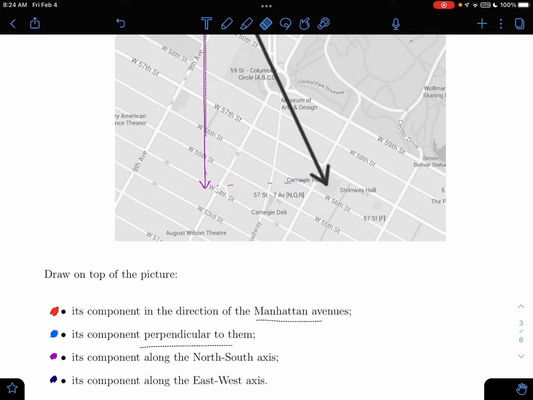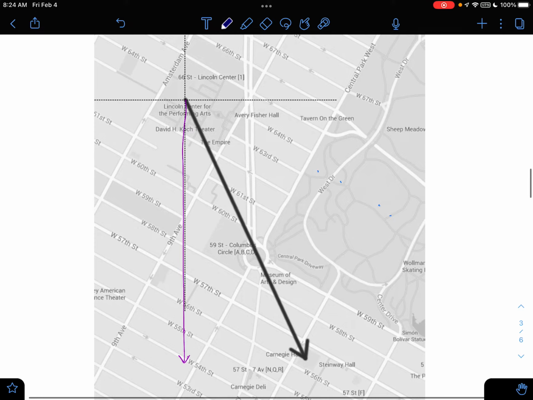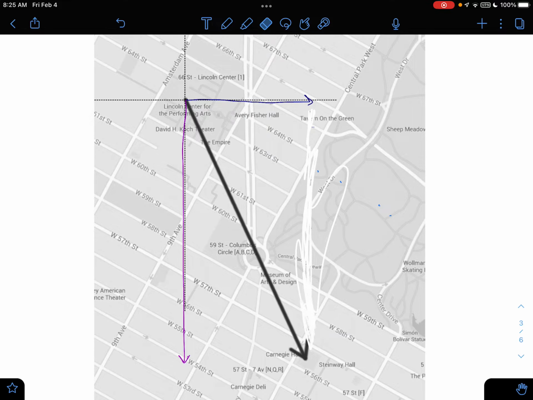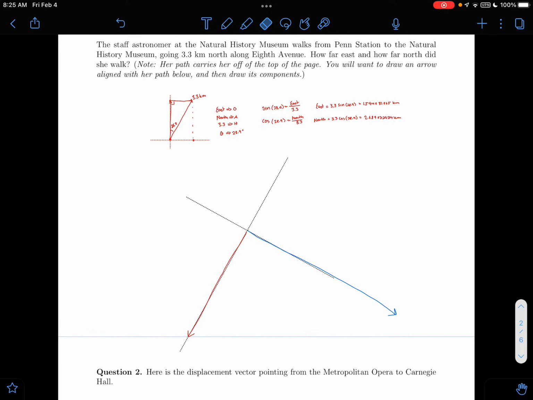And then in the east-west direction, we said that's going to be dark blue. Same thing, we're going to get over to this line, just like that. And I'm going to erase all my mess all over this. There are vectors. Now I'm going to erase the axes, and I'll bring these component vectors back in.